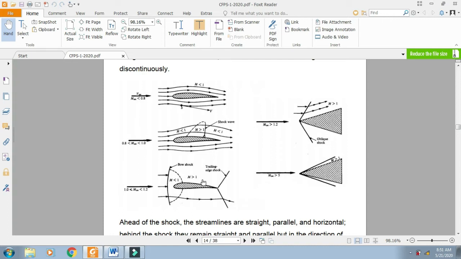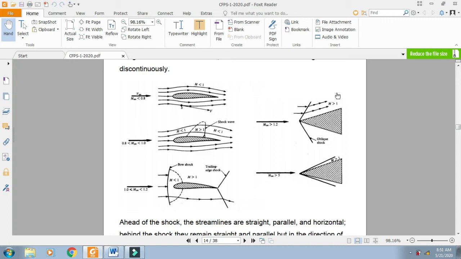In the fourth case, for example, we consider a simple wedge type element. Mach number infinity is suppose 1.2, greater than 1. When this flow approaches the wedge type element, as the flow is supersonic, it directly hits the wedge type surface.